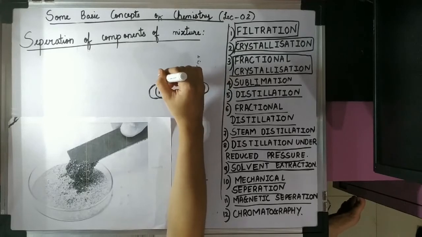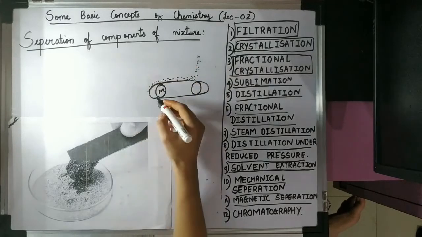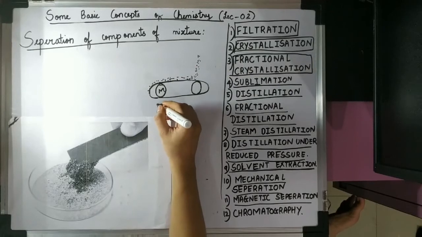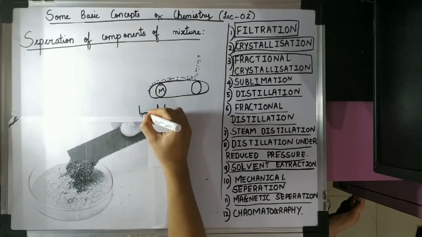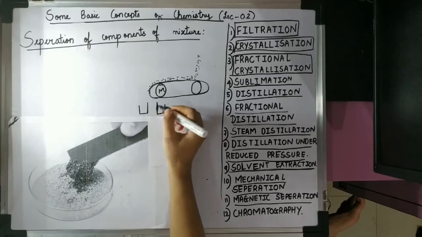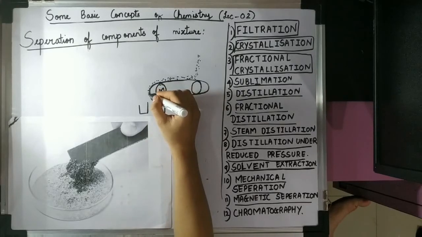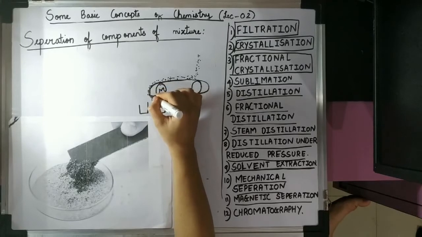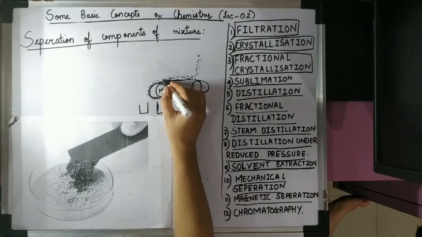I will have two receiving flasks, one here and one, let's say, here. The substance which is ferromagnetic will be attracted to the magnet, and it will roll down till this point, because magnet attraction takes it to this point.